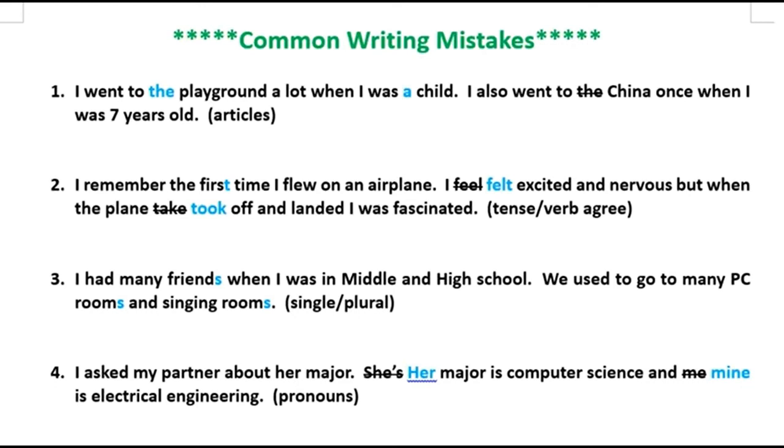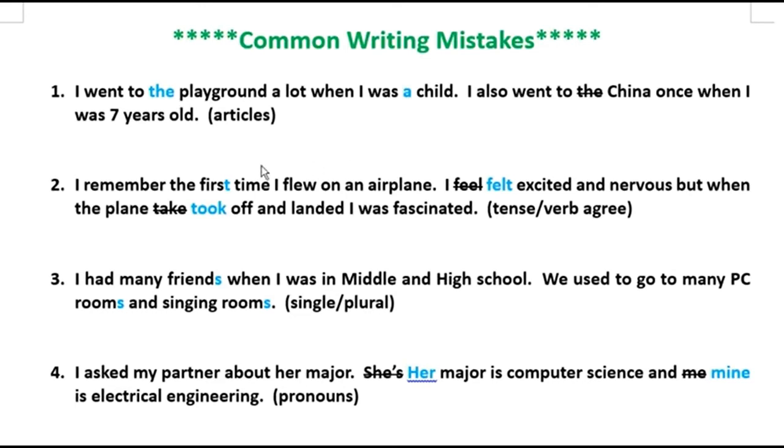Okay, for countries, we do not put the, unless there's certain situations, like for example, the Philippines, because that is a group of islands, so that's why we call it the Philippines. Okay. Usually, if it's a country that has different parts, like the Philippines, then we would say that. But we don't say that for countries like China because it's like one big country.